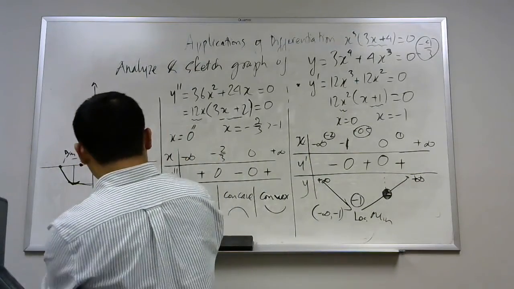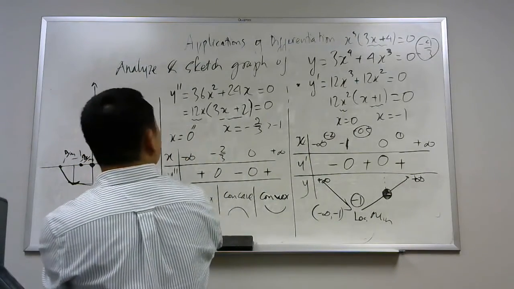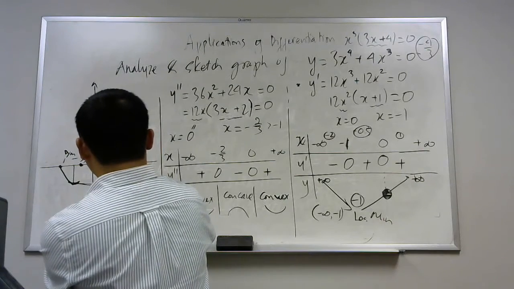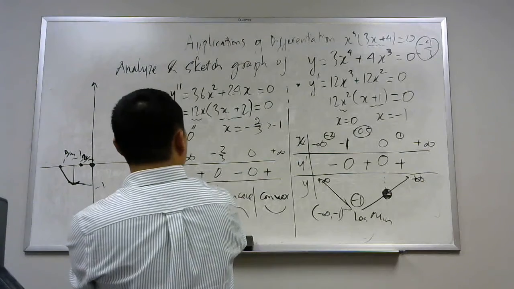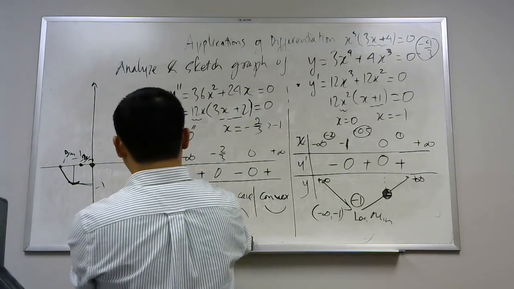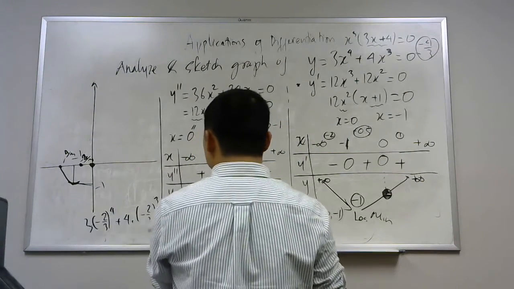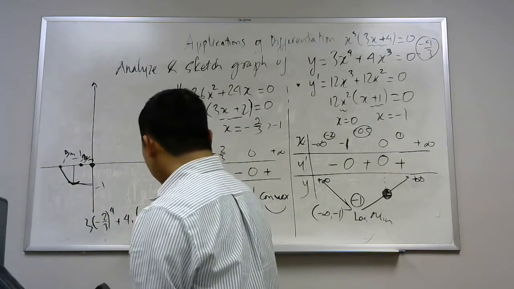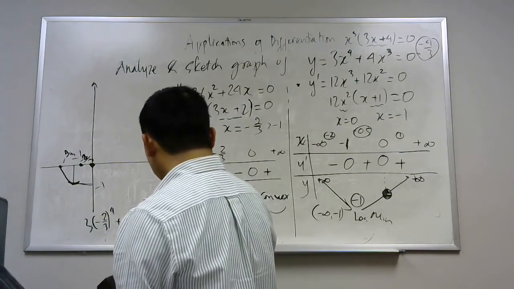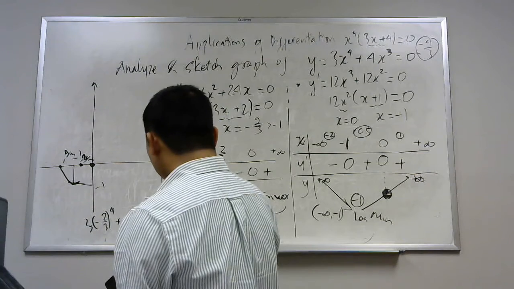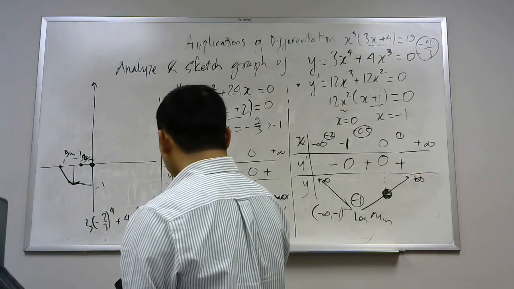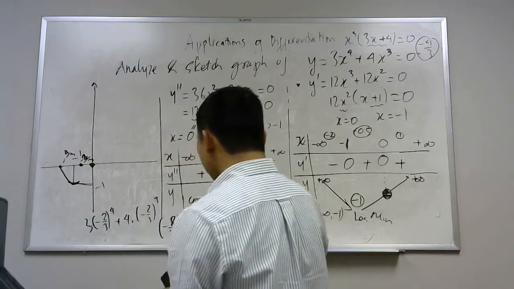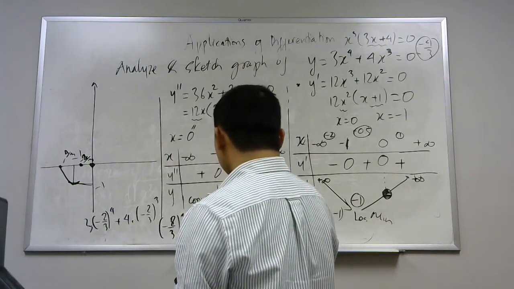Negative 2/3 times 3, and here take to 4, plus 4 times negative 2/3 cubed. Basically, I take negative 2/3 cubed out, and then negative 3 times negative 2/3 gives negative 2, plus 4 is 2.